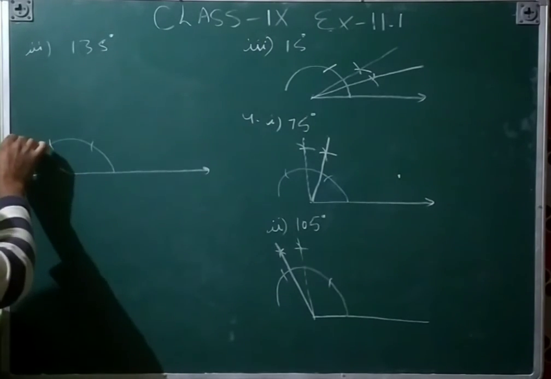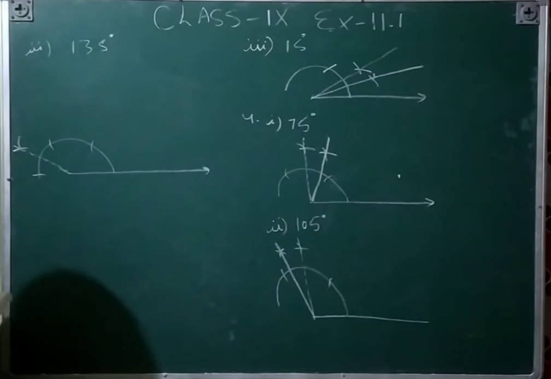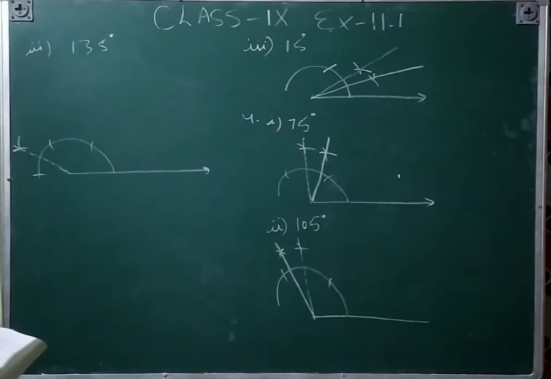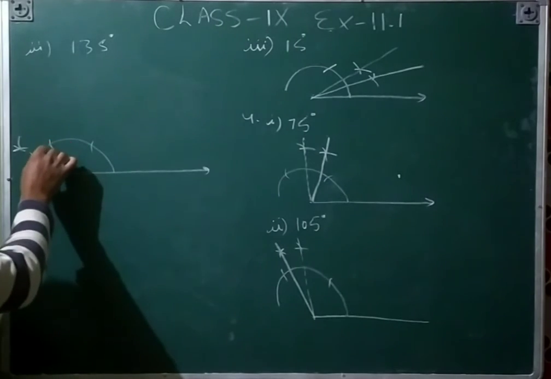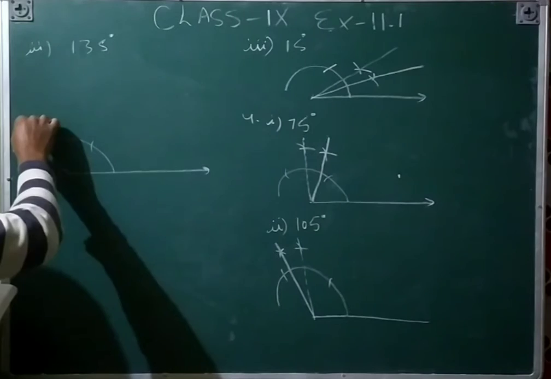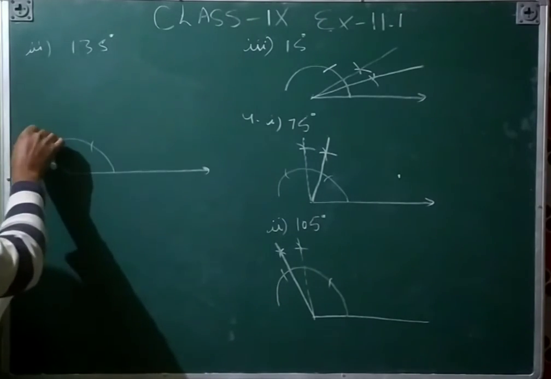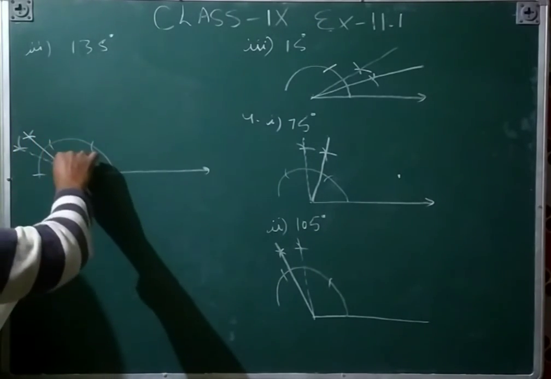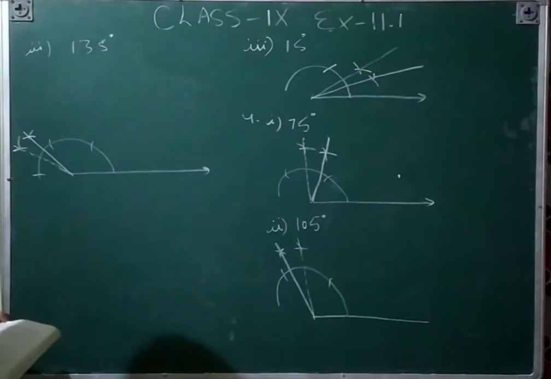This will be 150 degrees, and then from these two points, from this point make an arc, and from this point make an arc. So this is 135 degrees.